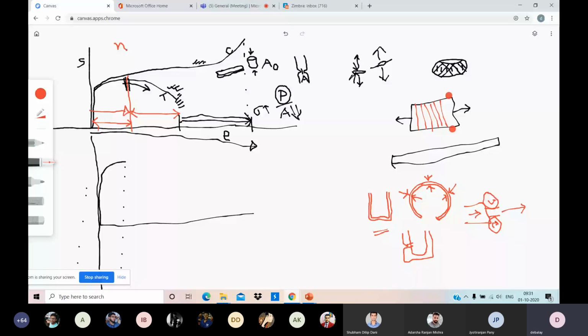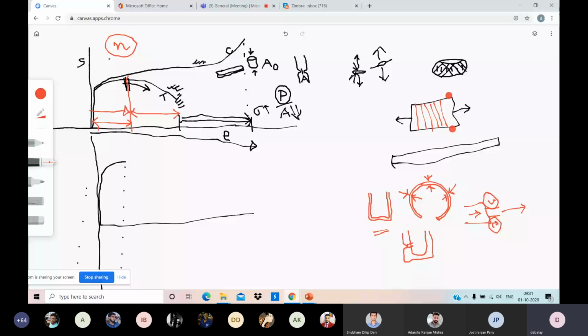So you know the importance of n now from the application point of view. If you want to draw an utensil, a cup or something, or these Milton water bottles, these are also drawn. The cylinder is drawn basically. You need to ensure the n value remains very high, so that uniform elongation is also high.